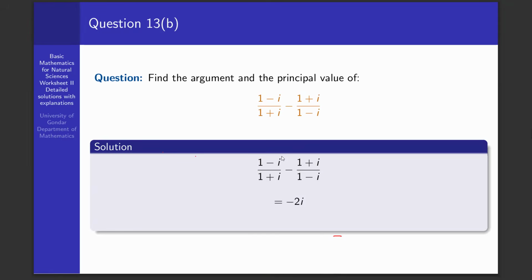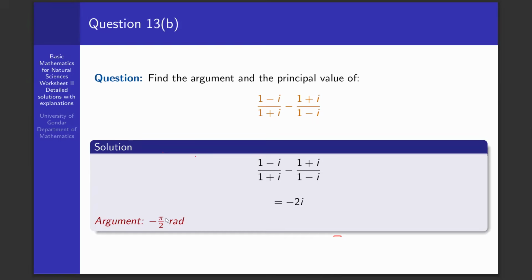That means we have to change first individually the fractions into standard form, and when we add them together we can obtain minus 2i, so that the principal value or the argument of this one could be tan inverse of minus 2 over 0, because the real part of this simplified form of this expression is 0, so that the argument theta could be minus pi over 2, which is a negative angle.